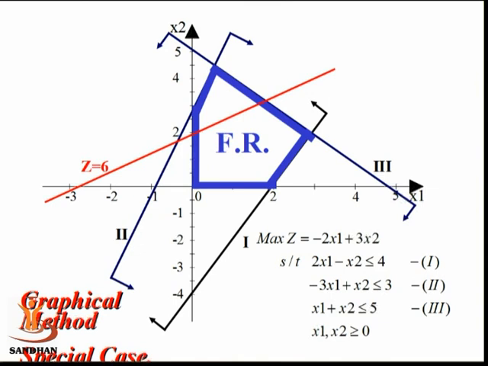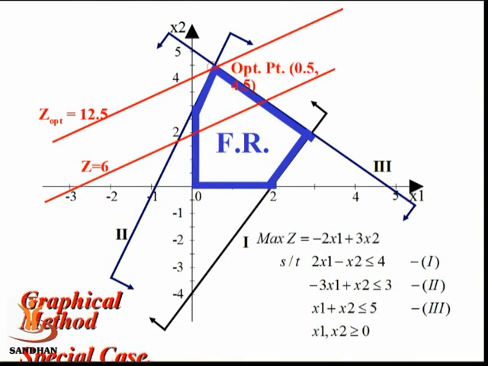So let us make an isoprofit line and try to move it upward, and at the end we finalize that at the prescribed corner, where x1 and x2 are 0.5 and 4.5, we get the optimum z and that value is 12.5. So we conclude that our maximized z is equal to 12.5 and the solution for x1 and x2 is 0.5 and 4.5. Such things can be worked out in a similar manner.